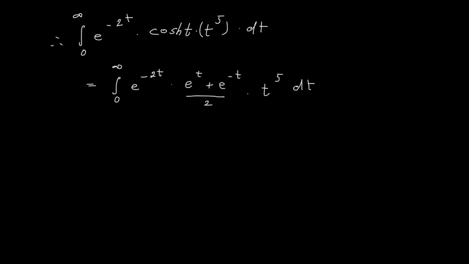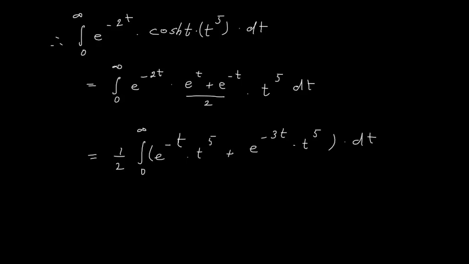So this will be equal to, now this 1 upon 2 I will take out. This is 0 to infinity. Now if I open the bracket, it is e power minus 2t into e power t, so I will get e power minus t into t power 5. This is one term, plus I will get e power minus 3t into t power 5 dt.